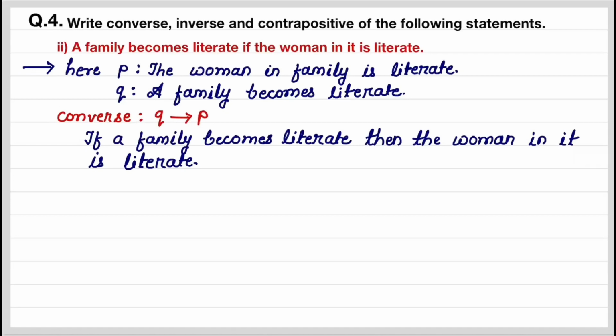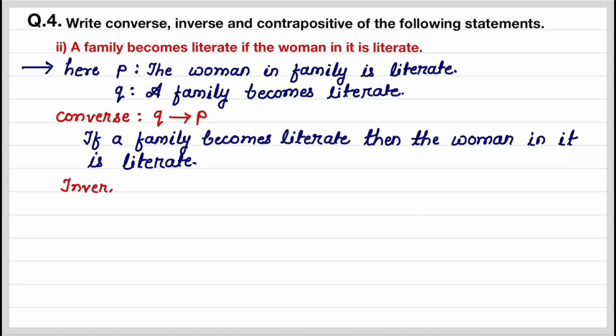Now we will write the inverse. For inverse, we require negation of P and negation of Q. P is the woman in it is literate. So its negation is the woman in the family is not literate.